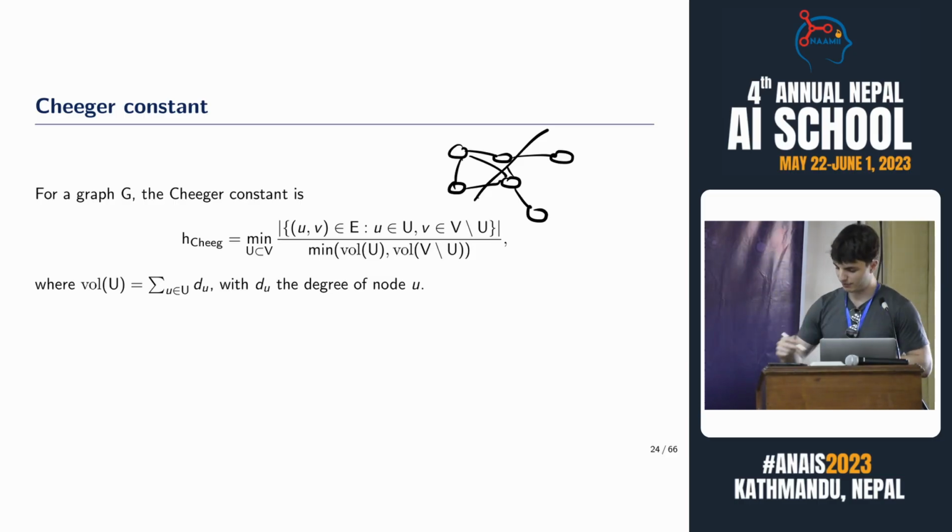And then, for example, I could look here, and look at how many edges are between them, right? So I'm really looking at how I can most efficiently disconnect this graph. And the volume is just the sum of degrees. These are just normalization factors.